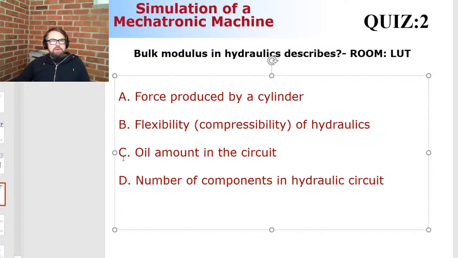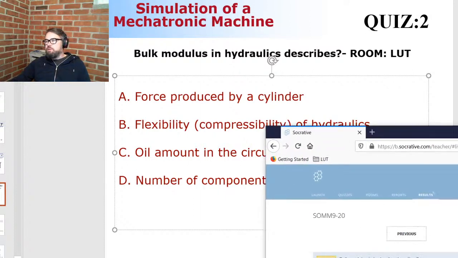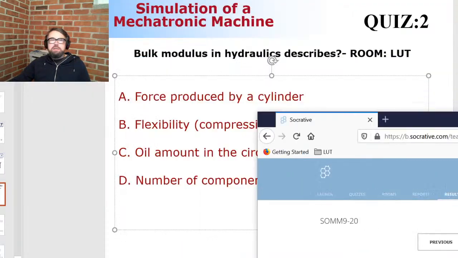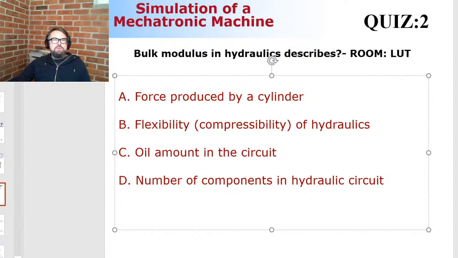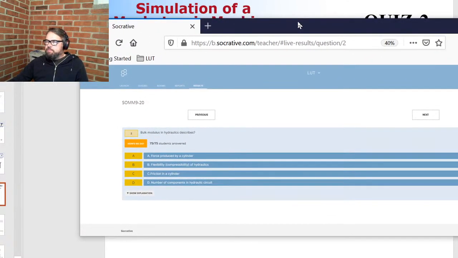You can see that the game has been on already quite a while. So let me take my Socrative here and see how many answers I have. Oh yeah, I have 75 students, 75 answers. I'm going to make this a bit smaller, like this. And success rate.